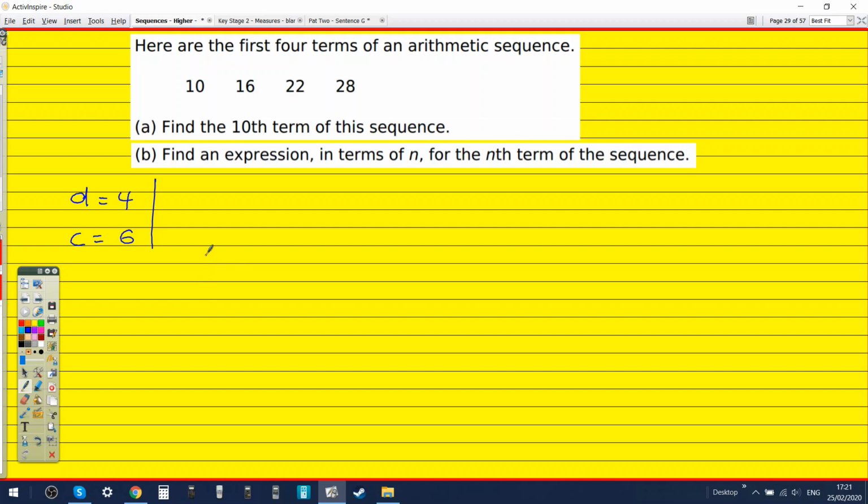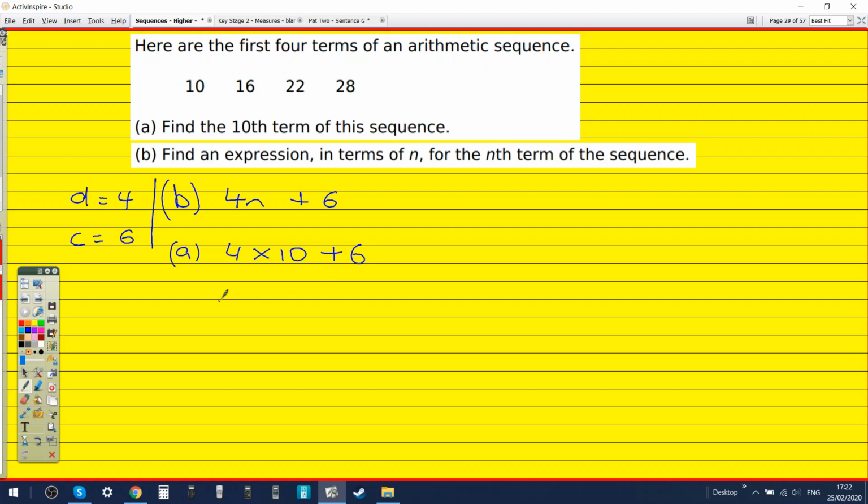Part A asks for the 10th term. How would you do that? What would be the answer for question B? It will be 4n add 6, and then use that to do part A to get the 10th term. So 10 times by 4, which is 40, and add 6, which is 46.